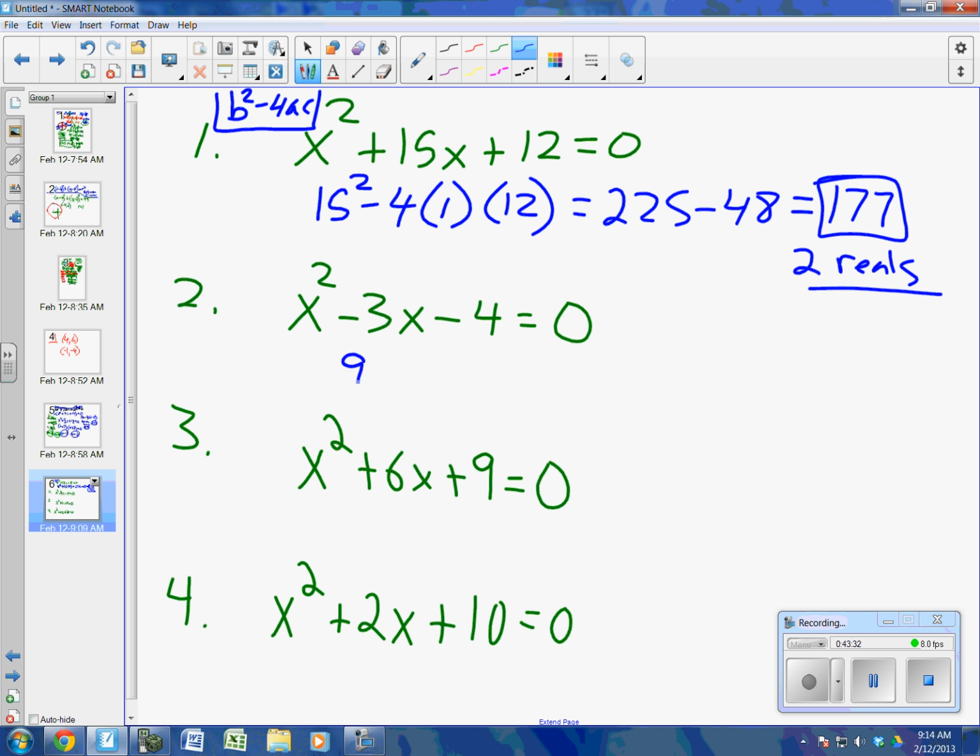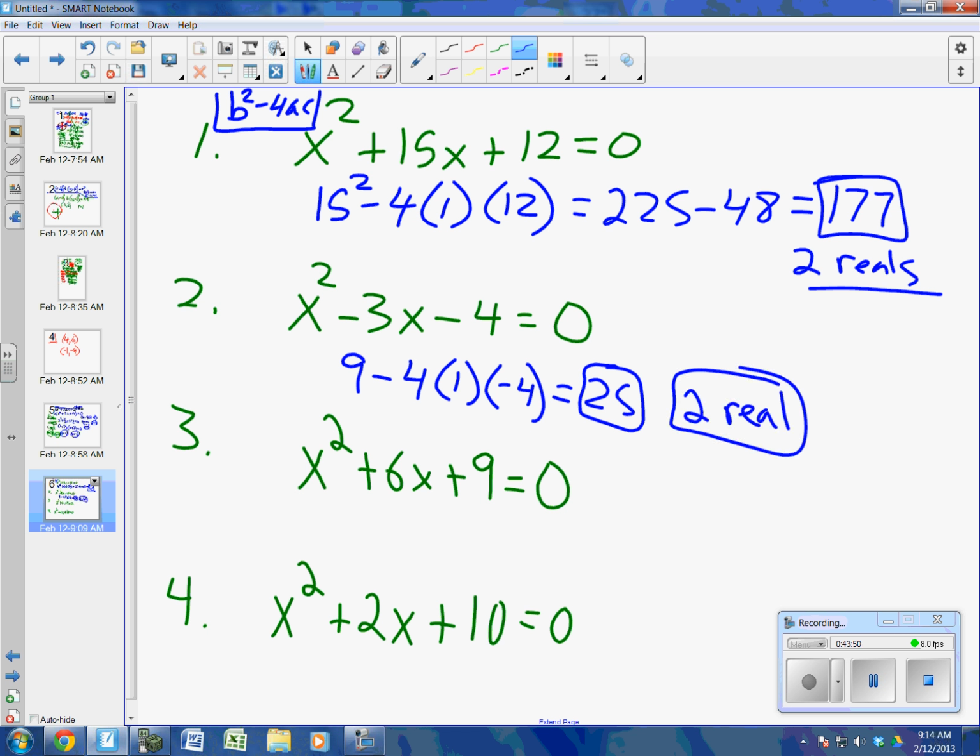b squared would be 9, because negative 3 times negative 3 is 9, minus 4 times 1 times a negative 4. Well, that's going to end up being 9 plus 16, which is 25, right? So that's 2 real, because it's positive.